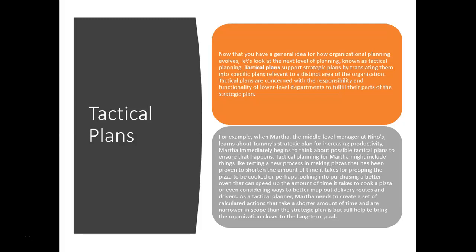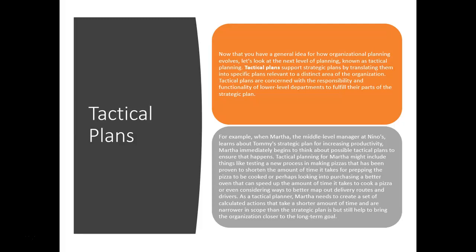Tactical plans are concerned with the responsibility and functionality of lower-level departments to achieve their parts of the strategic plan. For example, when Martha, the low-level manager of Nino's, learned about Tommy's strategic plan for increasing productivity, Martha immediately began to think about possible tactical plans to ensure that happens.